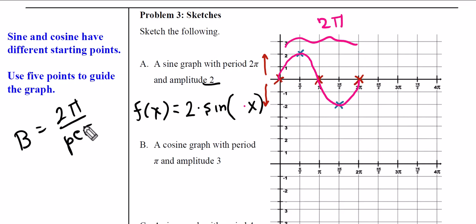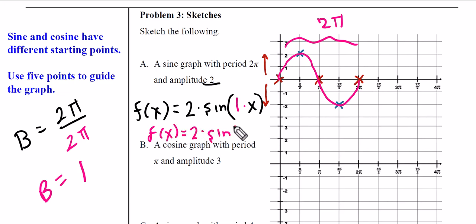So I could replace this with 2 pi, and those cancel out and give me 0. Just kidding. They give me 1. So a 1 goes right here. And of course, we don't have to write the equation like this if it has a 1. We could simply write it as f of x is equal to 2 times sine x.